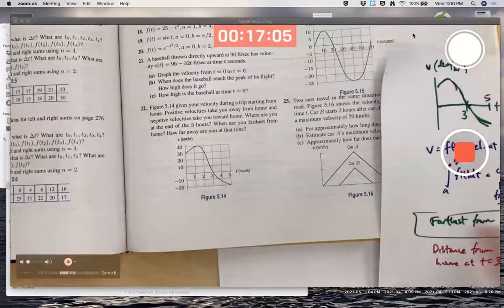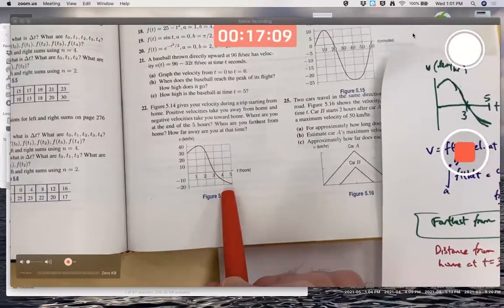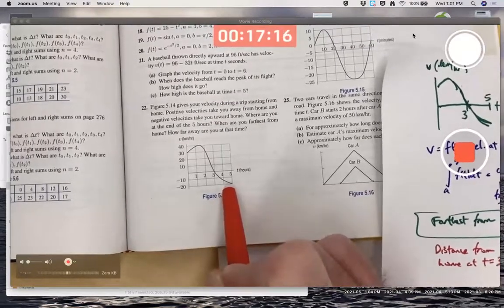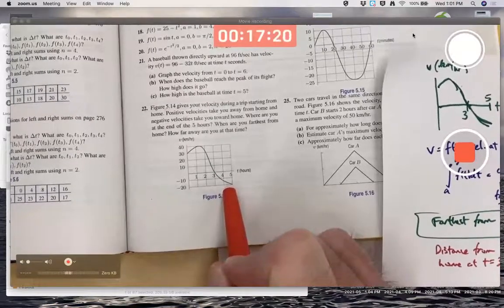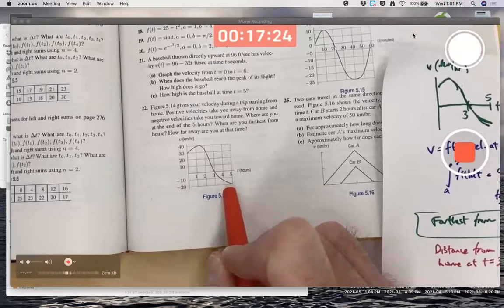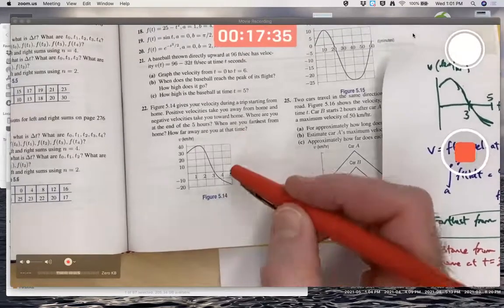But careful, that integral is going to be negative because the graph goes below the axis. You got to count boxes in their areas, but they contribute negatively to the integral because you're traveling toward home, and that's causing your change in position to get smaller than 87. How many boxes are there that are below the axis?